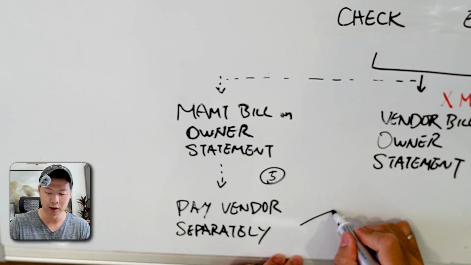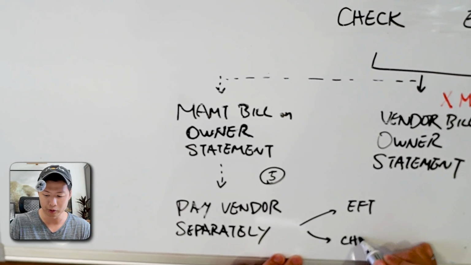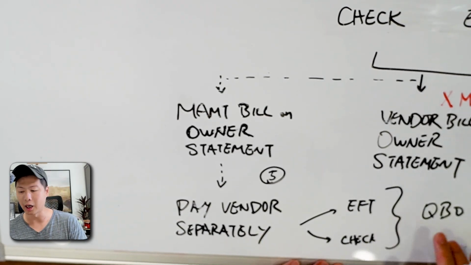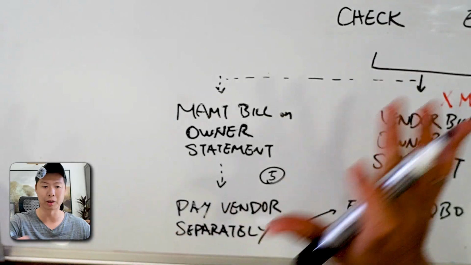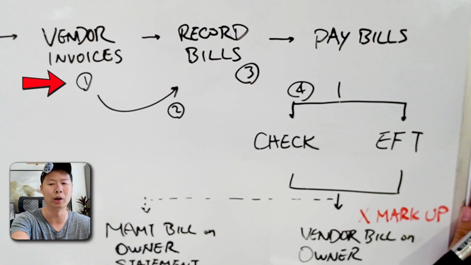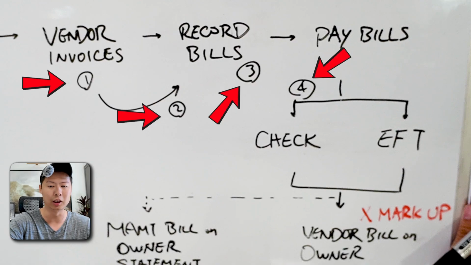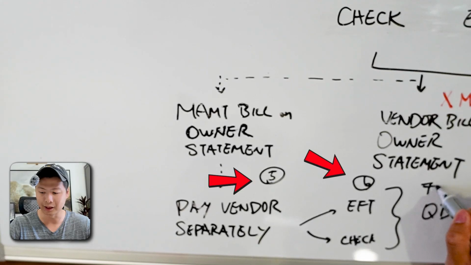In this case, sometimes we do EFT, sometimes we do check, and this ends up being captured in your QuickBooks Online, which is not even part of the property management software. So if you look at this entire thing, you went from 1, 2, 3, 4 steps into 1, 2, 3, 4, 5, 6, and 7 steps.